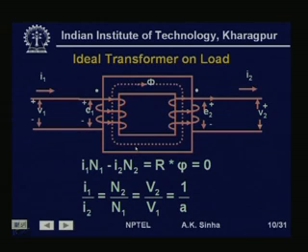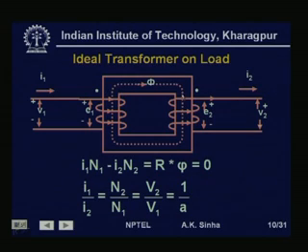Now, that cannot happen, because this E1 will be equal to V1, as we have assumed no voltage drop here. So, this voltage must be equal to V1, which can come only if we have the same amount of flux in the core.